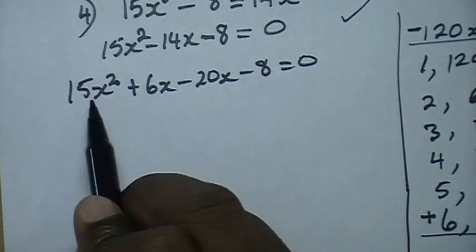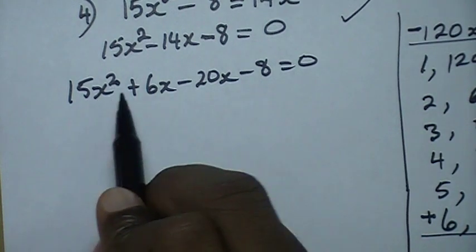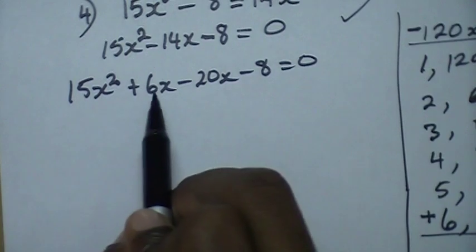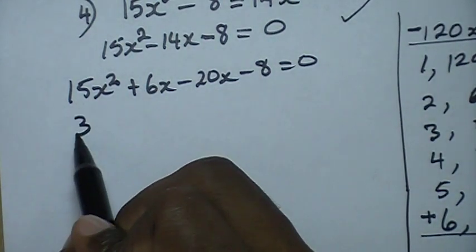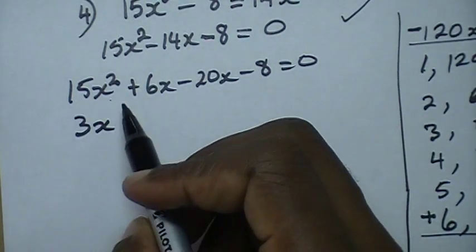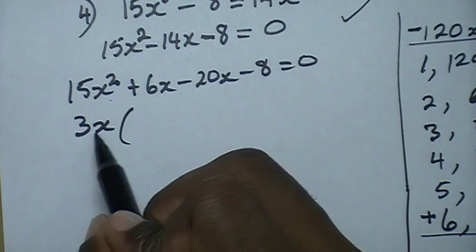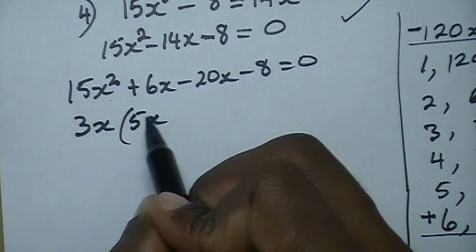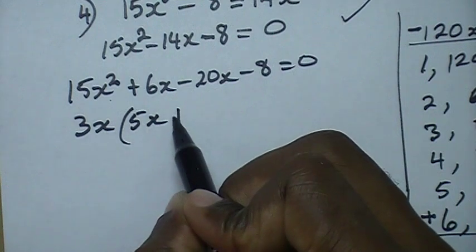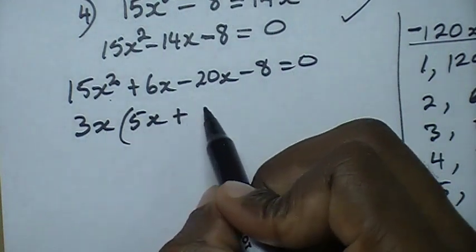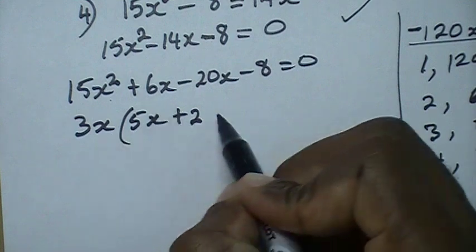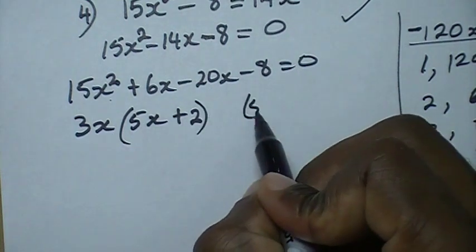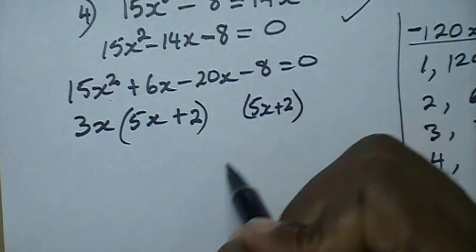Factorize in groups. So what's the common factor between the numbers and x? It is 3x. 3x times what gives us 15x squared? It must be 5x to give us 15x squared. 3x times 2 will give us 6x. Write it back over here, 5x plus 2.